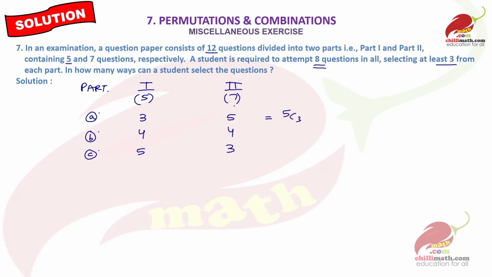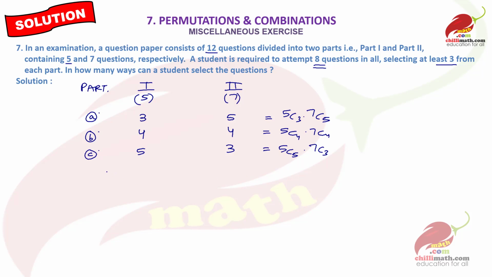So these are the possibilities which can be done in, from 5 we need 3 questions to choose in 5C3 ways. Out of 7 we need 5, so 7C5 ways. Similarly, this is 5C4, and this can be chosen from 7 in 7C4 ways. 5C5, 7C3. So total number of ways we can add them.